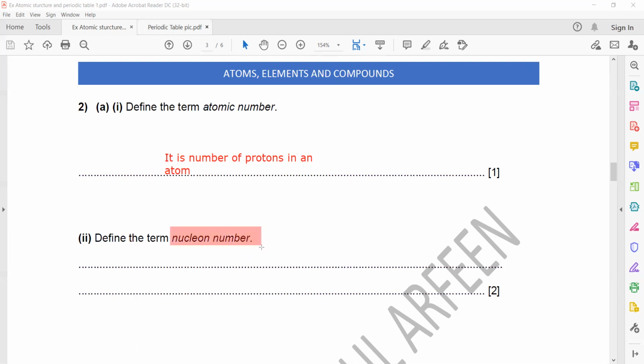The term nucleon number means the sum of protons and neutrons inside the nucleus of an atom. That is known as the nucleon number.